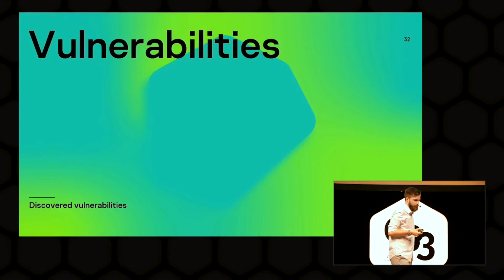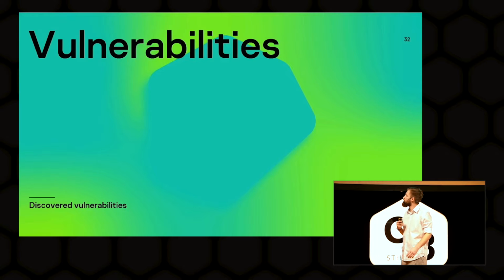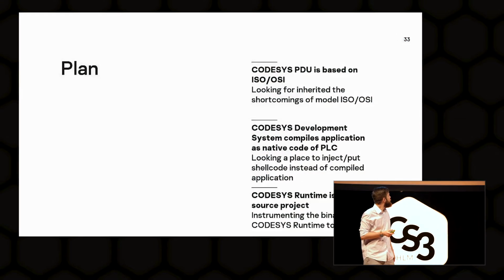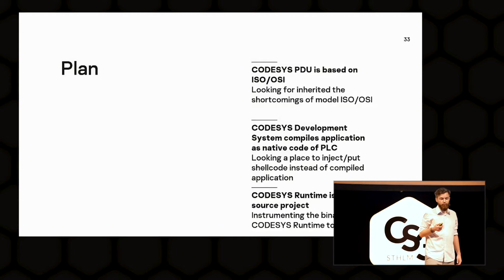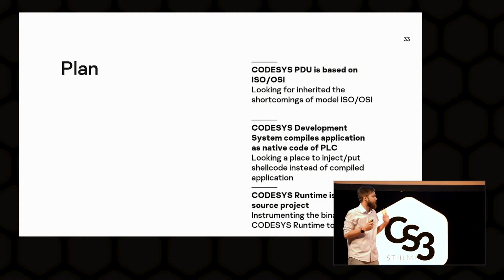That was all the facts that I wanted to say, and now let's talk about the vulnerabilities. If you're going to find vulnerabilities, you always need a plan, and we split our plan into 3 steps.